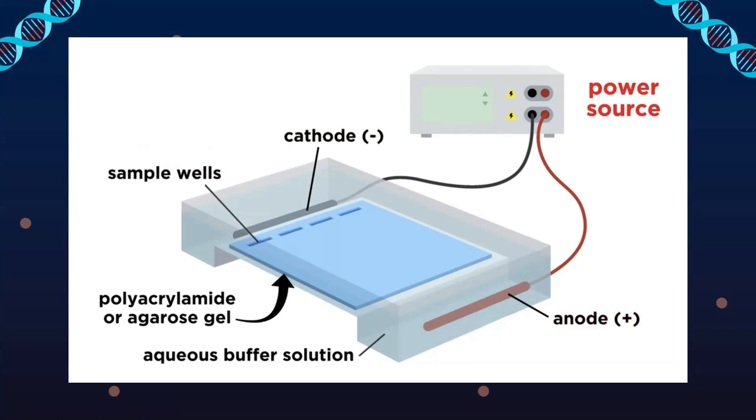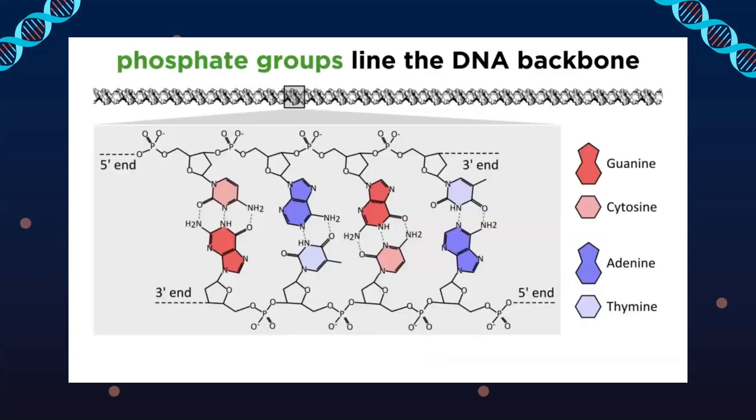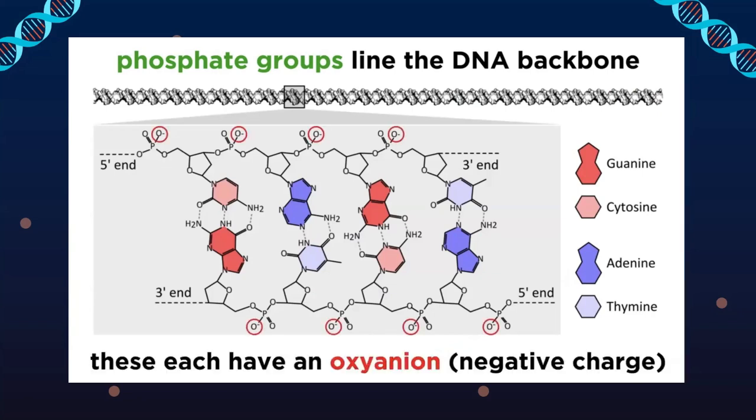Okay, so once everything is loaded na po, and ready na po siya mag-go, i-open na lang po natin yung power source. And then, if we're going to recall, yung mga phosphate groups when it comes to the DNA backbone, each phosphate group has an oxy anion. Okay, yung oxy anion po na yun carries now a formal negative charge.